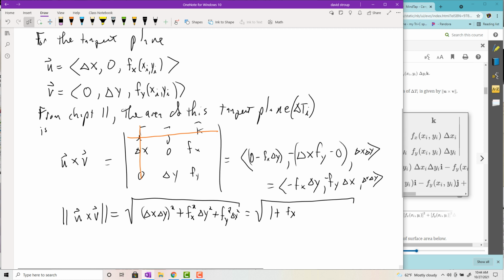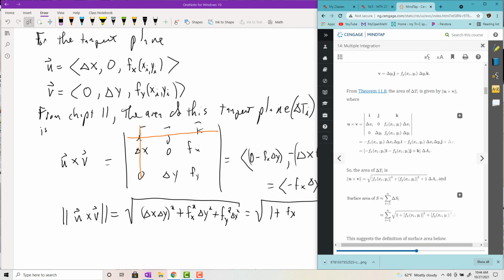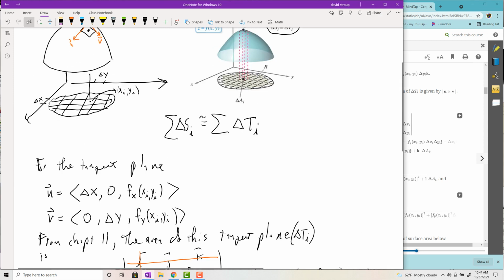What did I screw up? Did I put it in wrong? Oh, I lost something. That's what I did. Sorry. There should be a delta x here because it's rise over run, but you only want the rise part, so you cross out the run part with the delta x, and then there should be a delta y here.